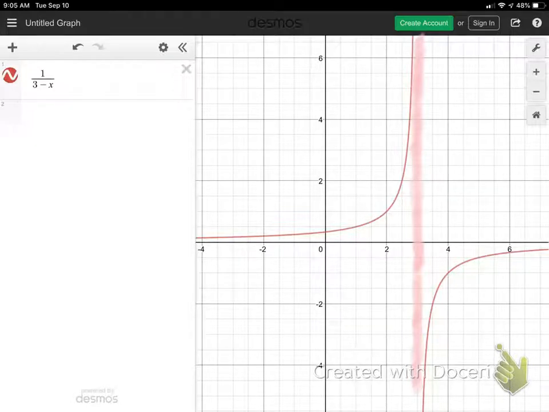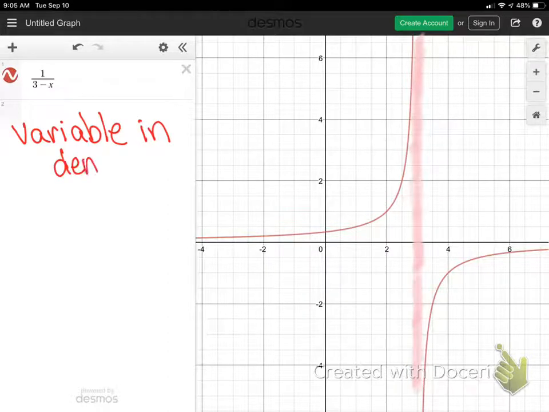It's okay if x equals 0. What can't happen is whatever is in the denominator of this function can't be 0. So when I have a variable in the denominator, which is one of my 2 conditions that we look for, I'm going to set my denominator equal to 0.